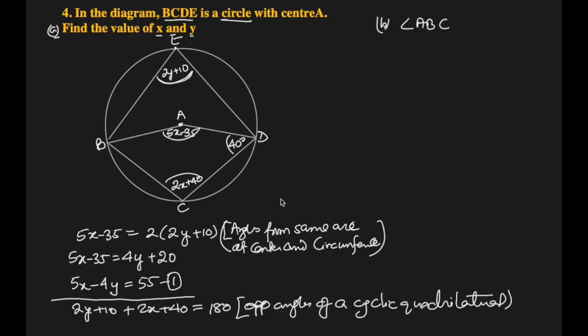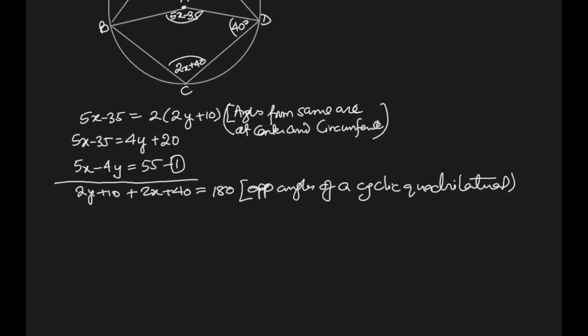Okay, so let's solve the 2 equations and get an answer. So 2y remains 2y here, and 2x also comes in front of this. 10 plus 40 is 50, and let's bring them to the right side. So 2x plus 2y equals 130.